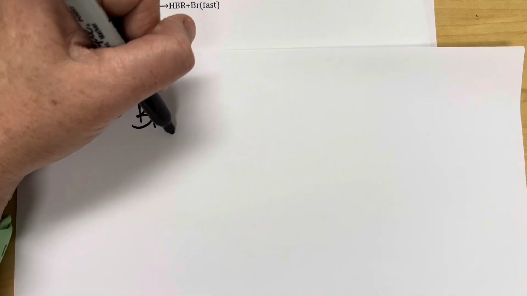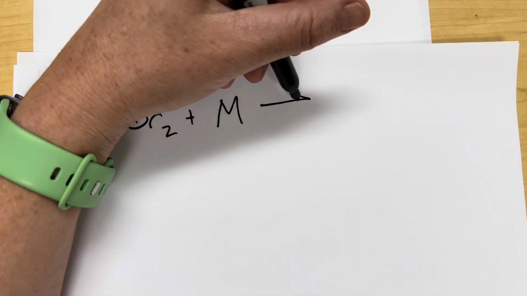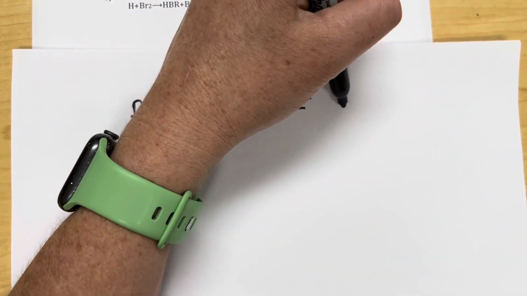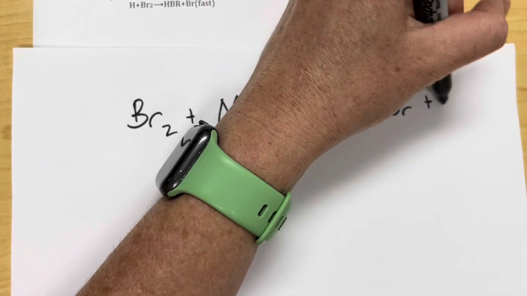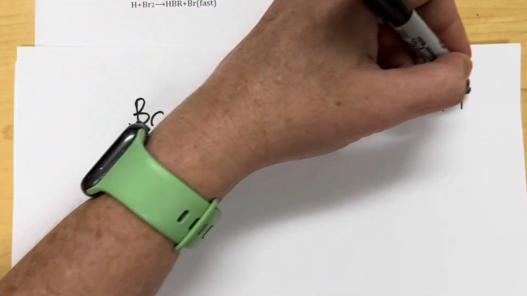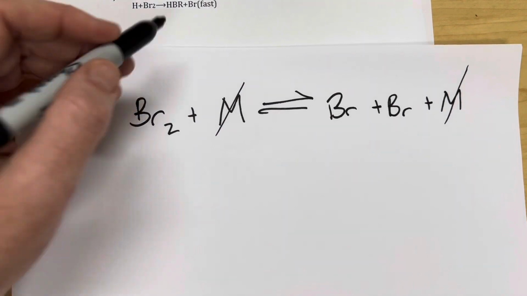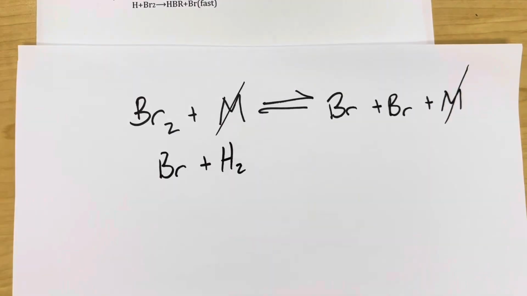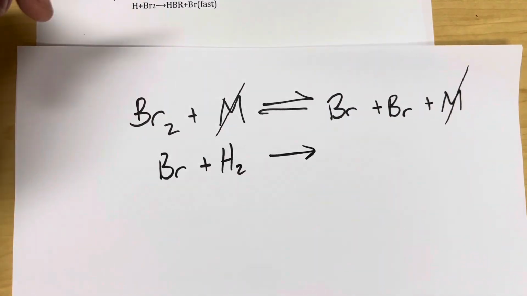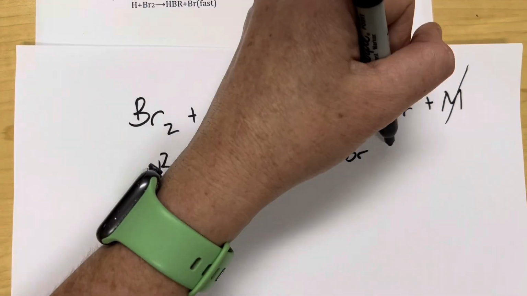So we've got Br2 plus some M in equilibrium with Br plus Br plus M. The beautiful thing is M looks like it's not actually getting used up in the reaction, since it's on both sides, so we can get rid of it. Then we have Br plus H2 going to HBr plus H.